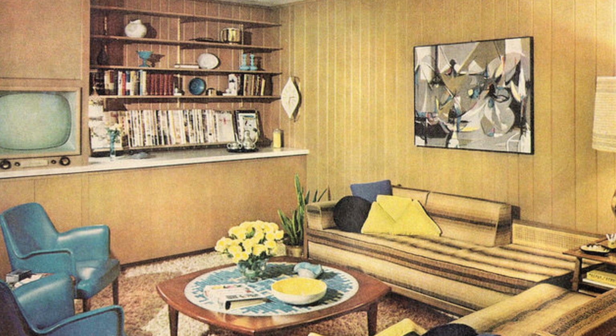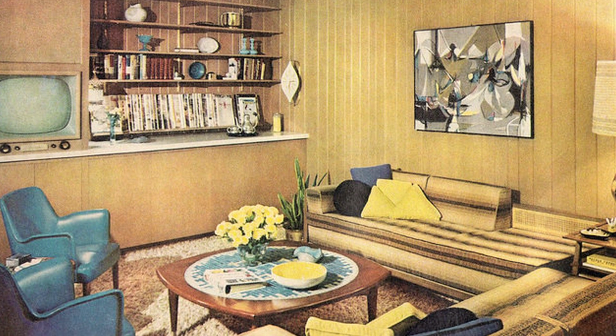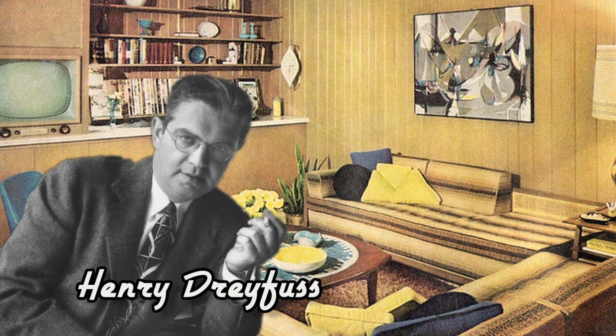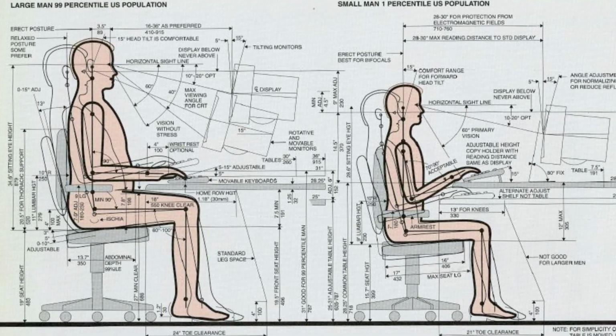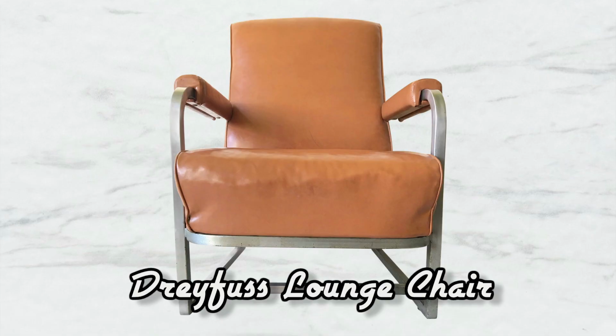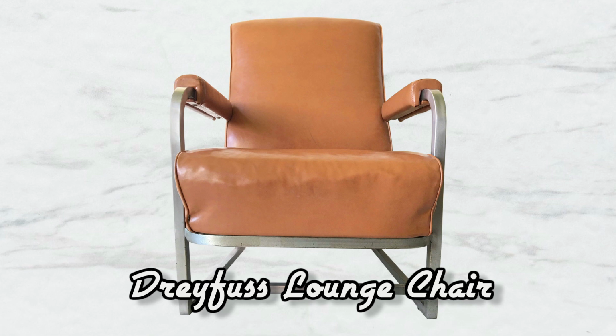During this time, design also started to incorporate comfort. Henry Dreyfuss extensively researched the human body in an effort to make furniture more enjoyable. To this day, the Dreyfuss lounge chair is a popular object in households.